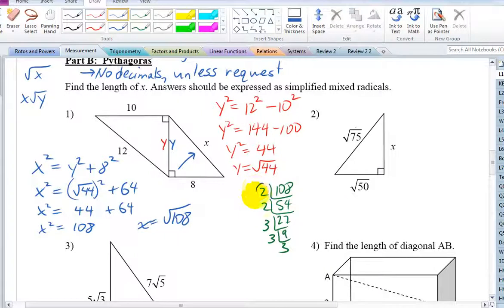So you can take out a group of 2 here, a group of 3 there. So this equals 2 times 3 square root 3 that's remaining. 6 root 3.